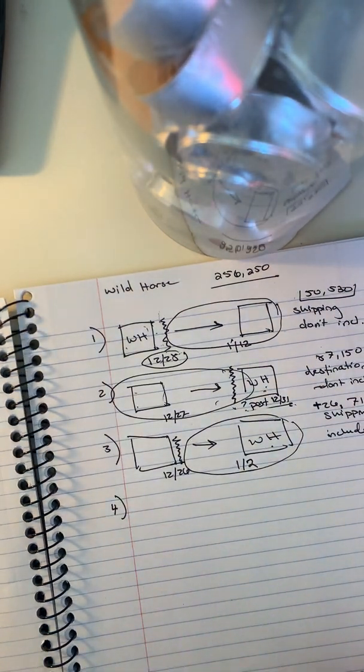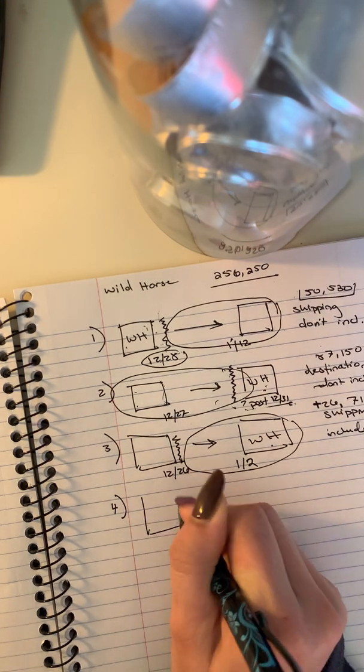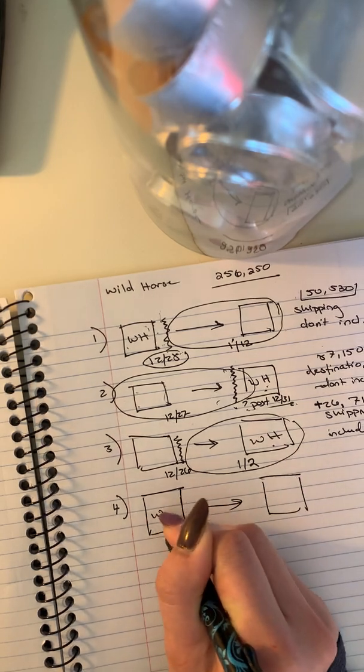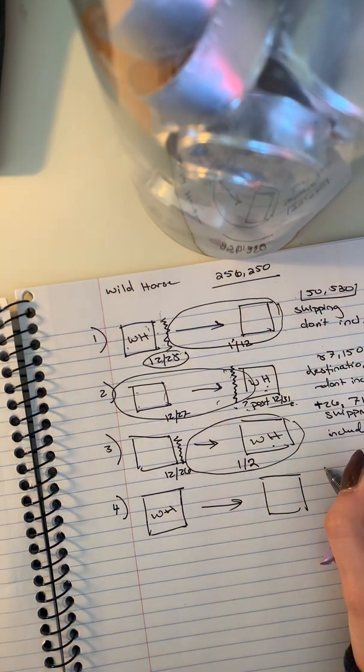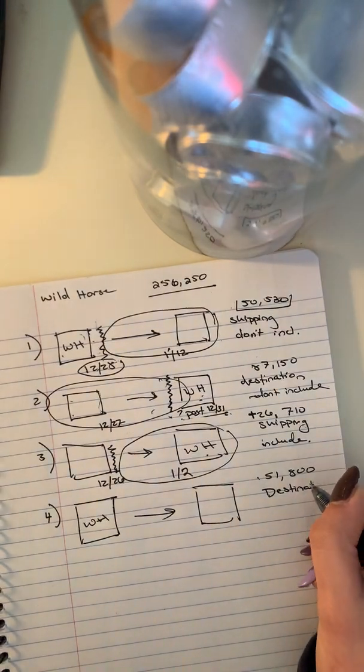Number 4, Wild Horse is shipping these goods. So it's leaving Wild Horse, right, because they're shipping it, and it's a total of 51,800, and it's destination. Okay.